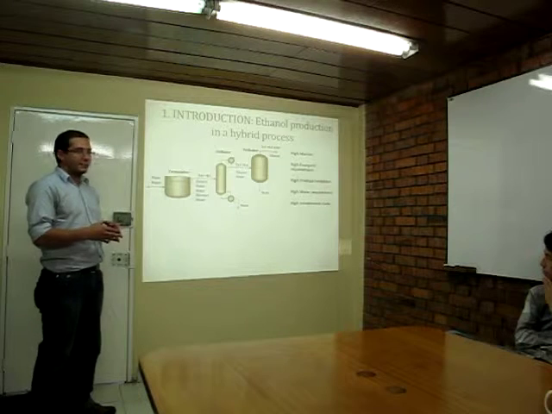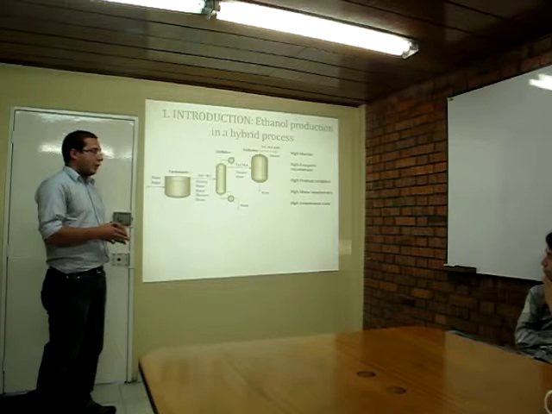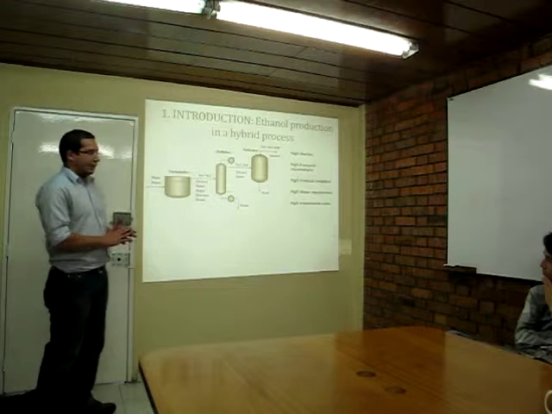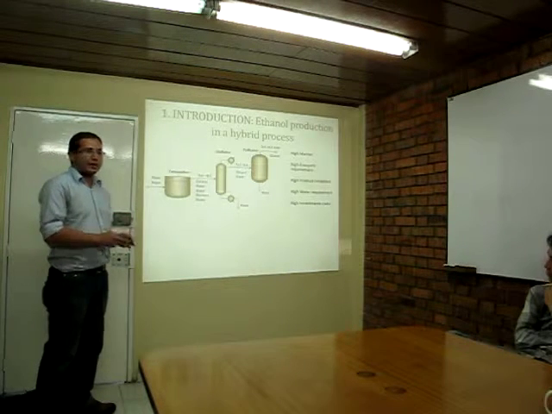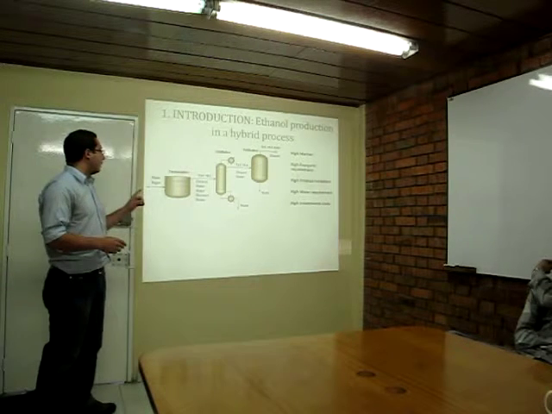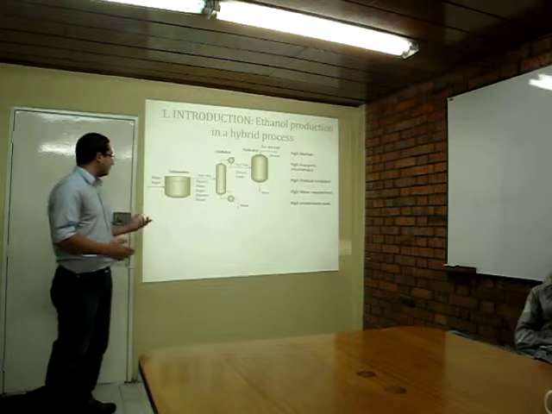First, we need to speak about how we can manufacture ethanol. The process has three main steps. The first step is fermentation.